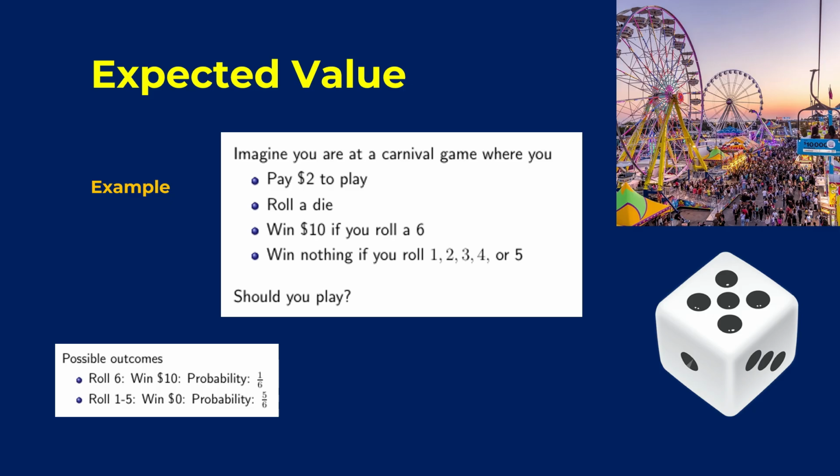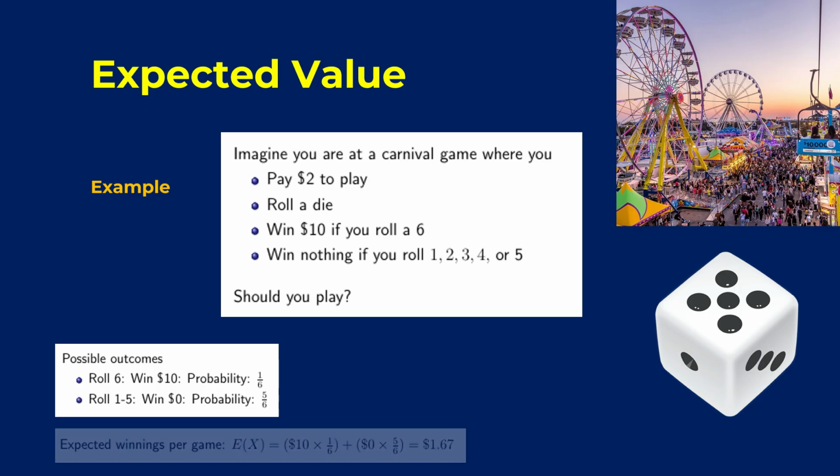Similarly, rolling any number from 1 to 5, we don't win anything, we win $0, and the probability for that event is 5 by 6. If we compute the expected value, we multiply $10 by 1 by 6 because that is the corresponding probability for this event, and $0 by 5 by 6. So we end up getting the expected value as $1.67.